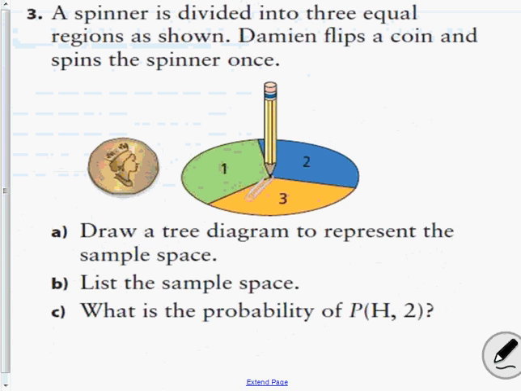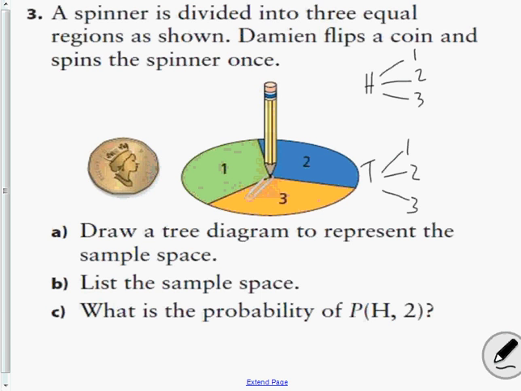In the second example, it says, use a tree diagram to represent the sample space. So this time my first event is a head or a tail. And the spinner gives me 3 choices, either 1, 2, or 3. And if it was a tails, it could be a 1, 2, or 3 for that as well. So my sample space is the end of each of these branches. A heads with a 1, a heads with a 2, and a heads with a 3 are 3 choices up here.